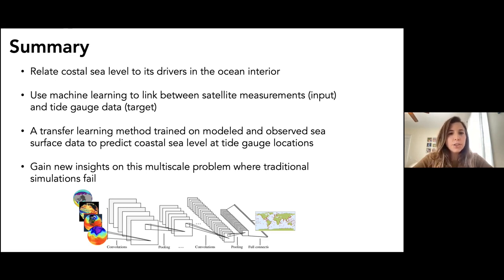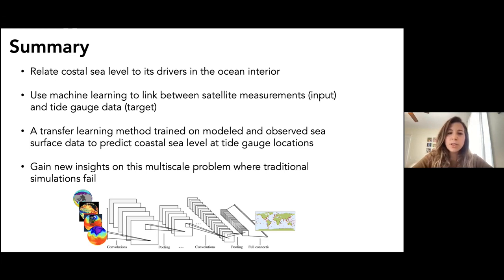I'm using machine learning to link satellite measurements and tide gauge data, but since we don't have enough data from those sources, it's better to use a transfer learning method, which is trained on model data and then retuned on observational data, using surface input to predict coastal sea level at those tide gauge locations.